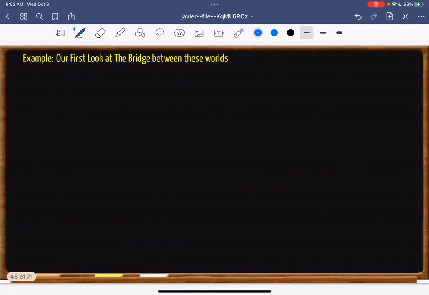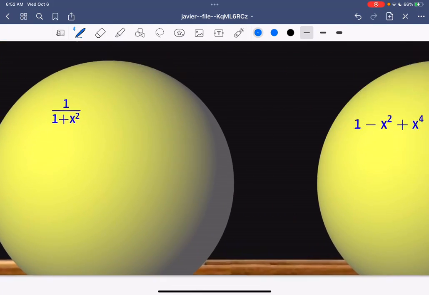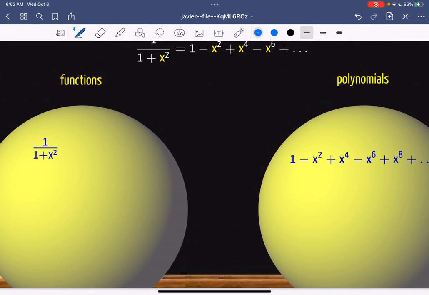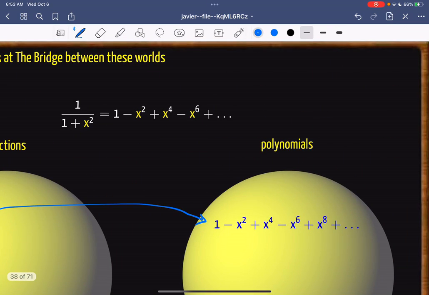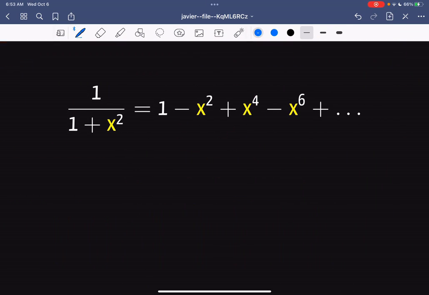What if we take that one last expansion that we did, and so we have that 1 over 1 plus x squared is equal to 1 minus x squared plus x to the fourth minus x to the sixth. What if we do something a little crazy here?